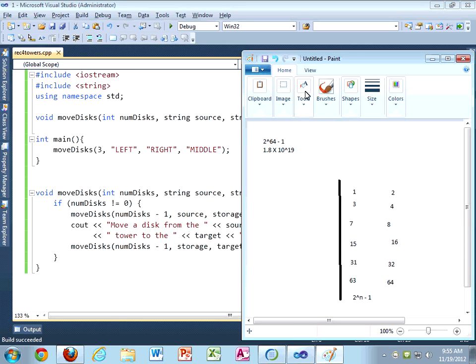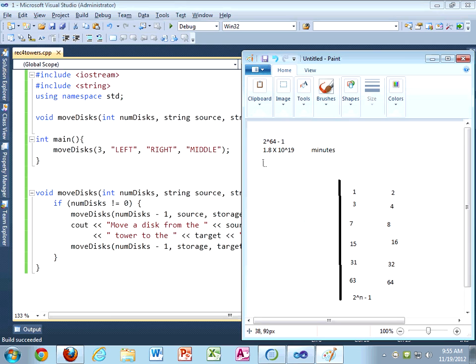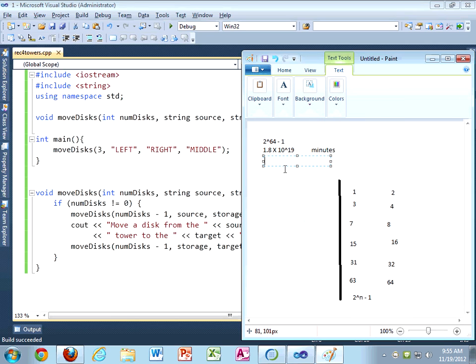Okay. So this is how many minutes, right? So how many hours is it? It was 3 times 10 to the 17 hours. Divided by 24, that's 1.25 times 10 to the 16.